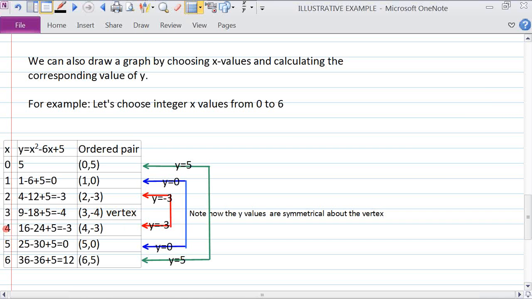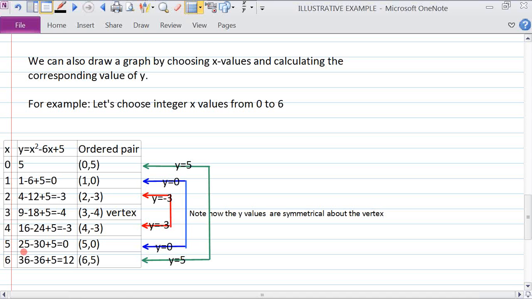Now, when x is 4, we get 4 squared, 16, minus 6 times 4 is 24, plus 5. 16 minus 24 plus 5 is minus 3. So 4, minus 3 is another point.